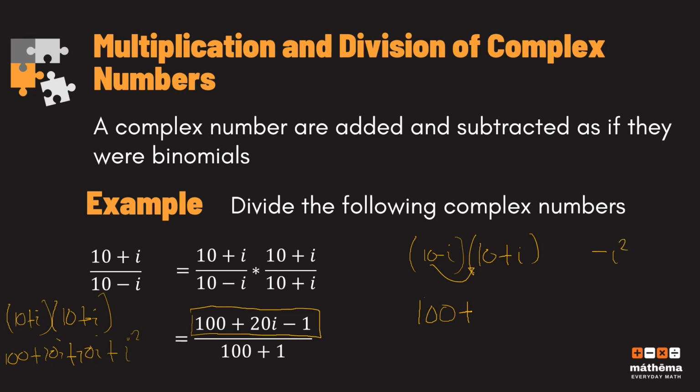But remember, i squared is negative 1. So this is negative 1 times negative 1, or 1. So our answer will be 100 plus 1. So that is where we get the denominator. I hope that is clear.